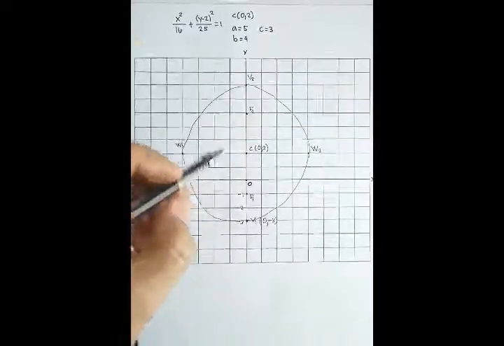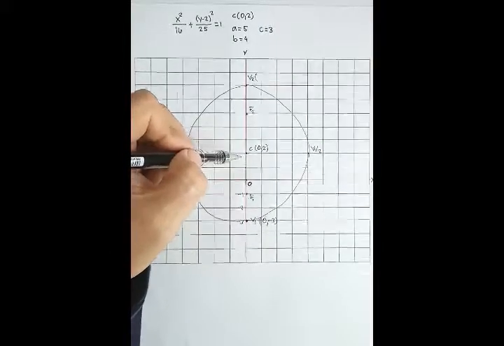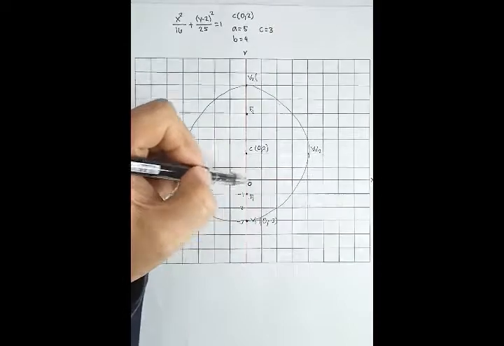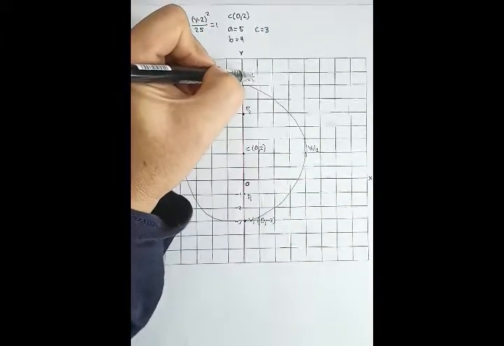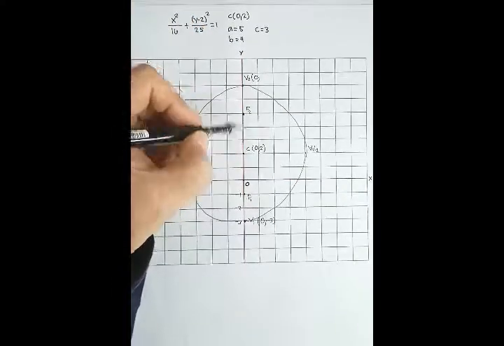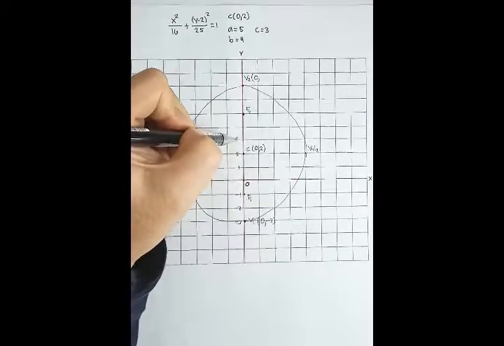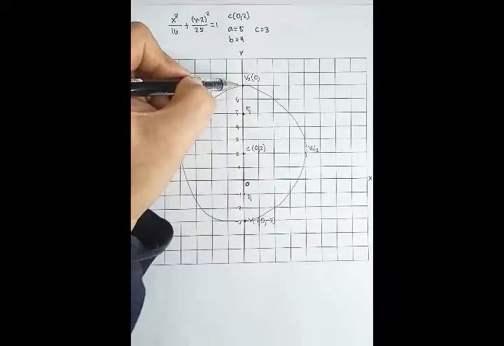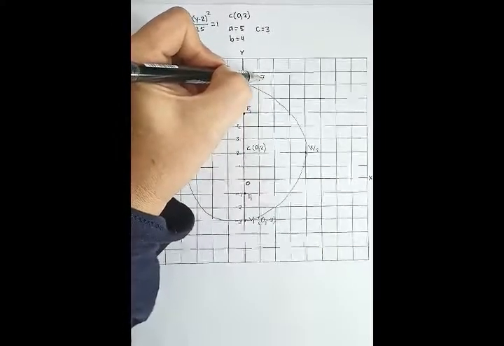Now our V2, or vertex 2: from the origin, along the x-axis it is 0, and along the y-axis you have 1, 2, 3, 4, 5, 6, 7. So it is 0, 7.